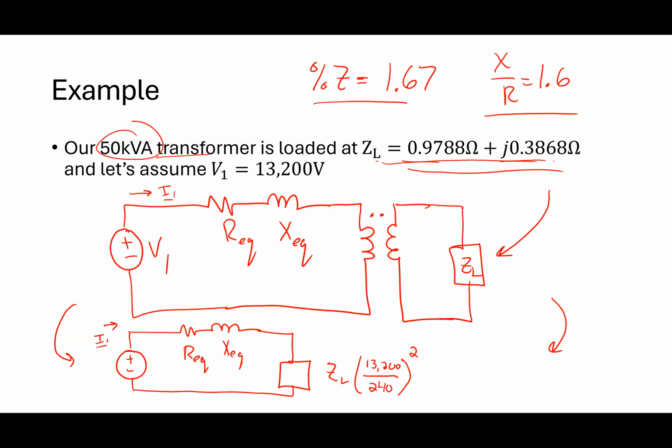It's a good question. We typically want to operate at a fraction of that rated value. I don't want to go above 100% of the rated. So if I did 50 kVA divided by 13,200, I would get 3.7 or whatever we got. That's the maximum you really want to ever get it to. Maybe you can overload it a little bit for a little while, but not for too long.